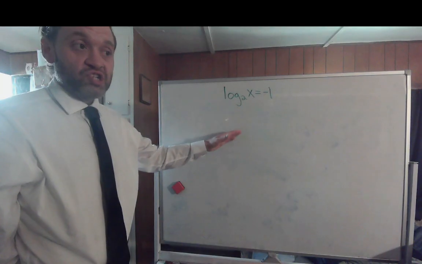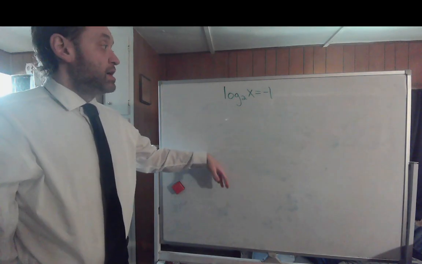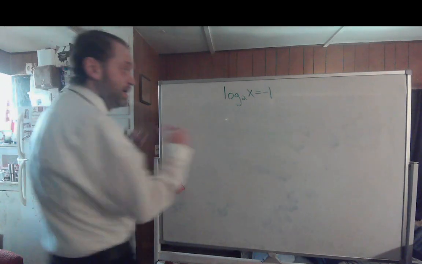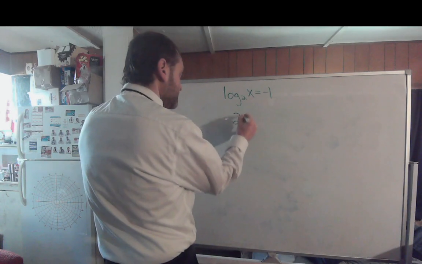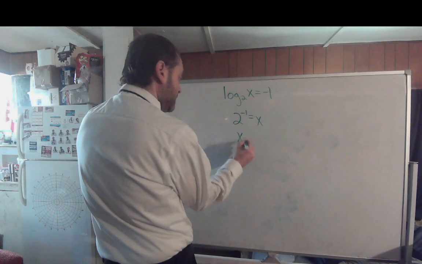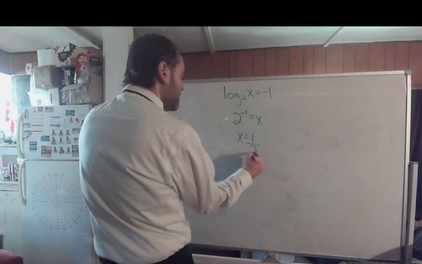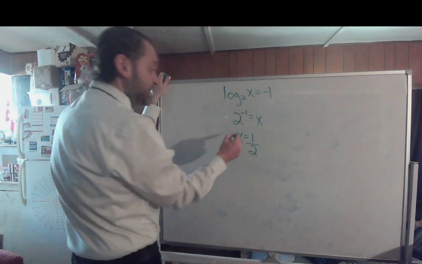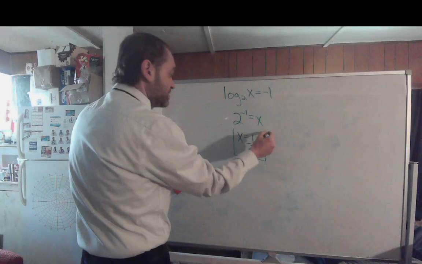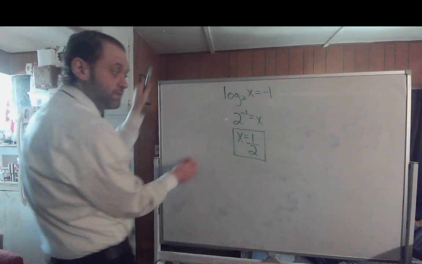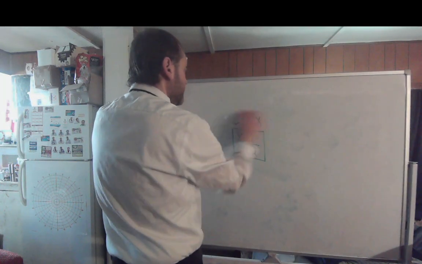This is pretty much a dead giveaway because a logarithmic function, remember, this is like saying 2 to the negative first equals x, which simply means that x would equal 1/2. And if we put in the 1/2, the logarithmic function is defined at that point because it's greater than 0, so you'll get x equals 1/2. That one was fairly easy.